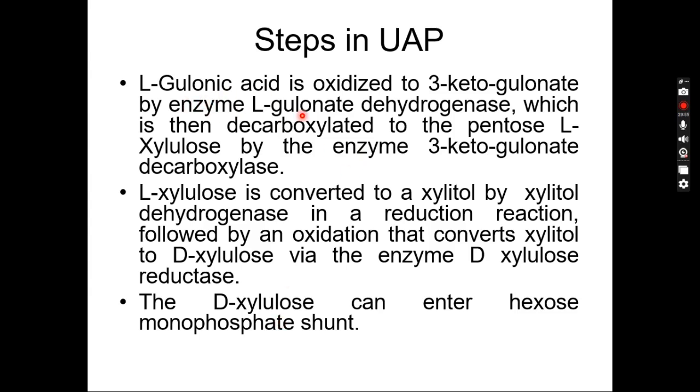So the L-gulonic acid in humans and other animals that don't have the L-gulonolactone oxidase will be oxidized to 3-keto-gluconate, okay? And the enzyme that is involved is the L-gluconate dehydrogenase, okay, which oxidizes the L-gulonic acid to 3-keto-gluconate.